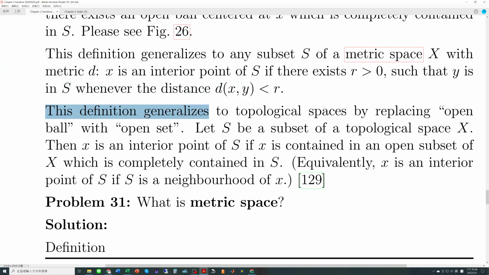This definition generalizes to topological spaces by replacing open ball with open set.